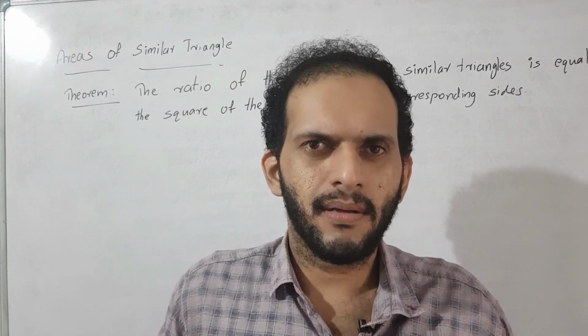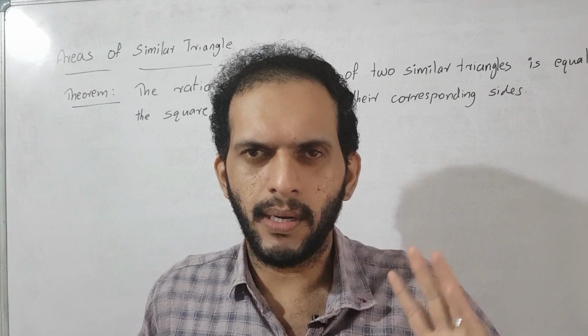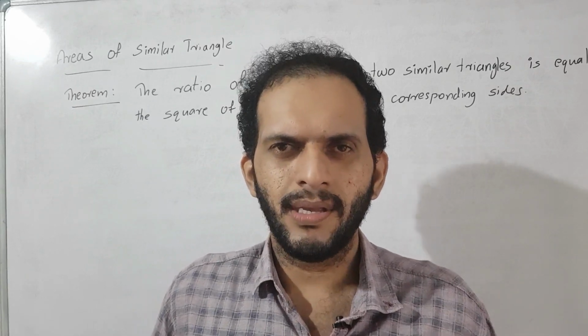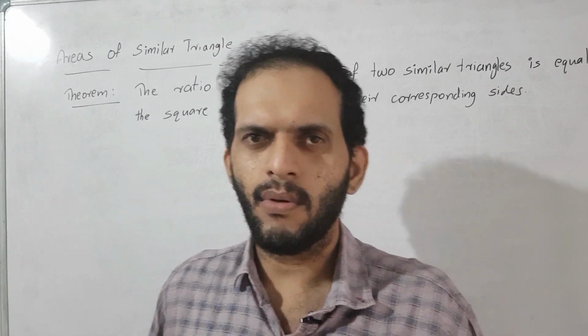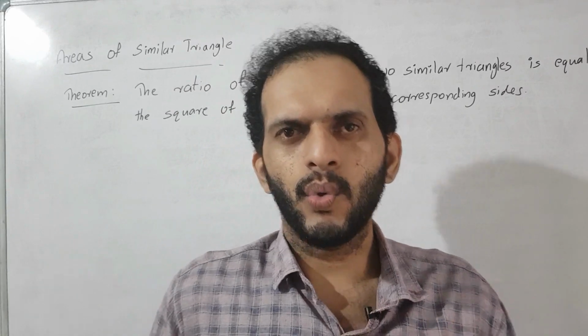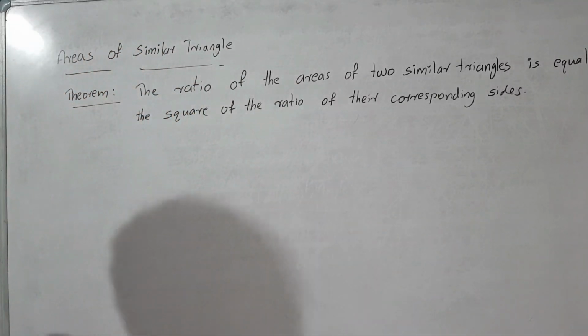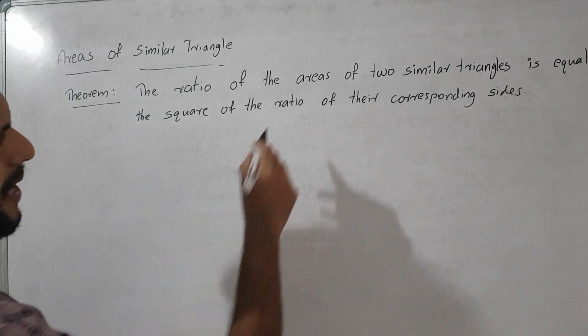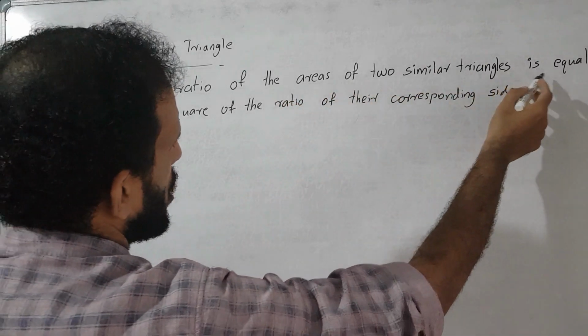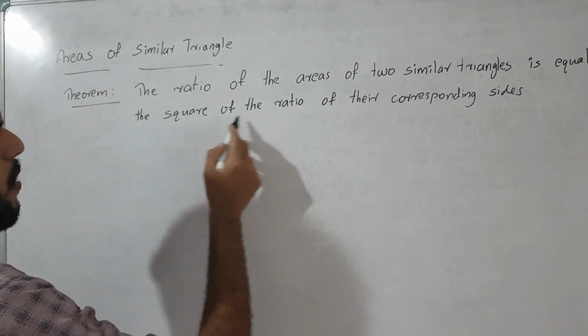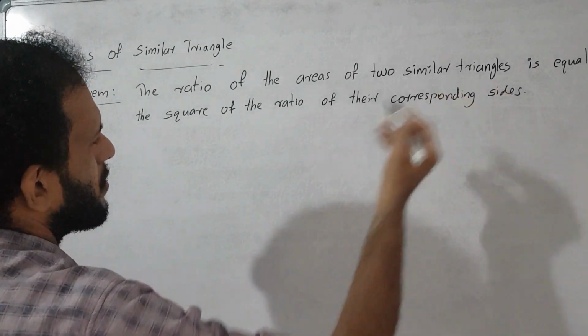If the triangles are not similar, this is not applicable. The theorem says only this much: if two triangles are similar, then the ratio of their areas is equal to the square of the ratio of their corresponding sides.